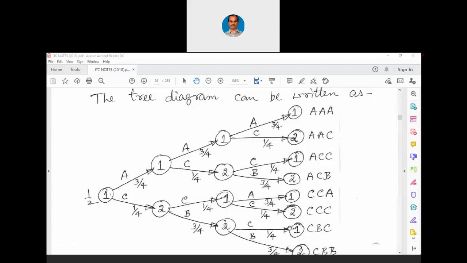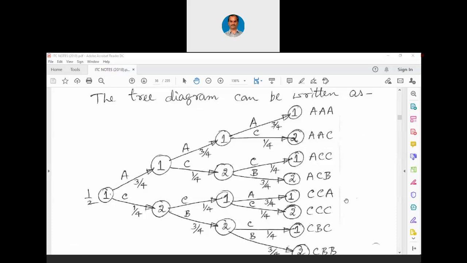This way. Now, during each transition, we know the probability of that particular symbol's emission. Now, that can be written on each path. State probability is half, then the probability of A is 3 by 4, again C is 1 by 4, B is 3 by 4, C is again 1 by 4. This way we can complete the tree diagram.